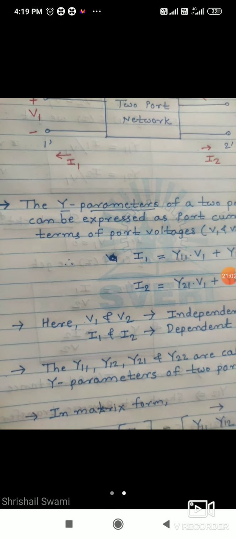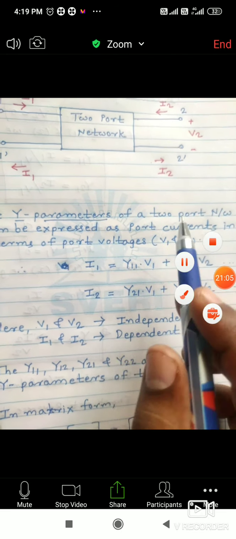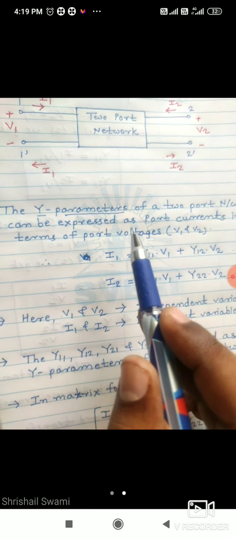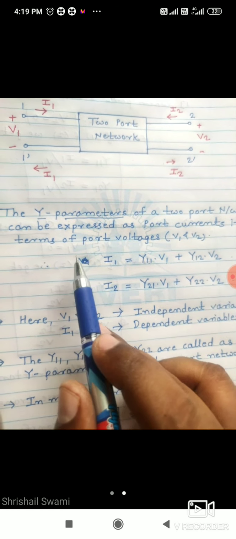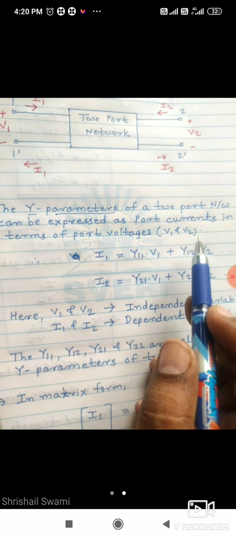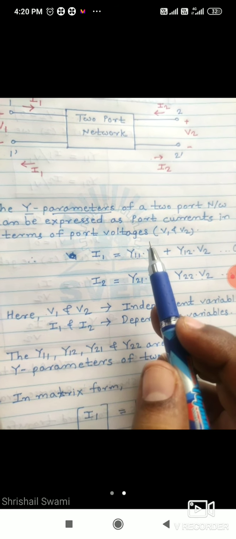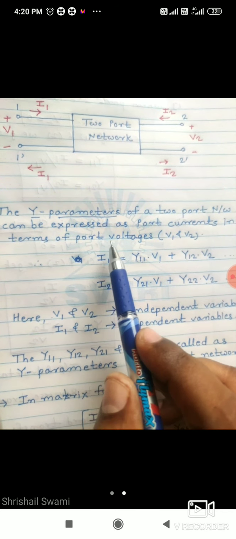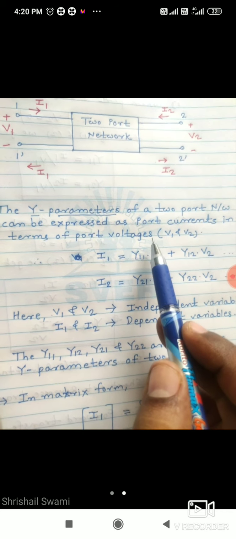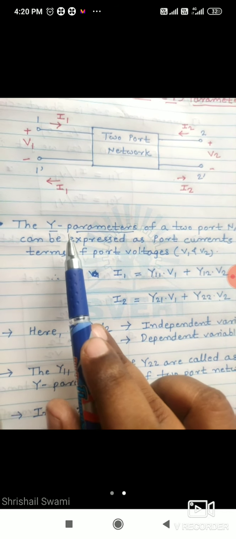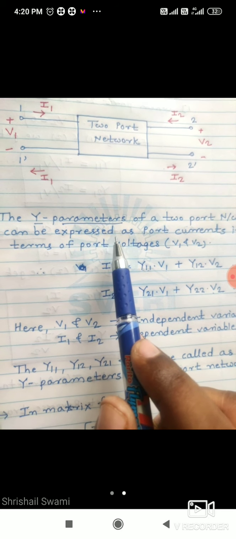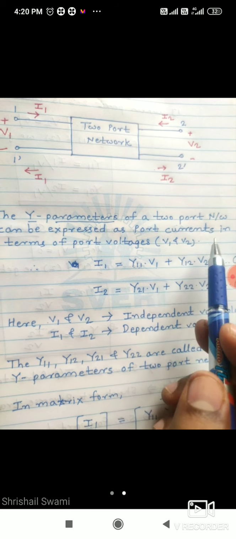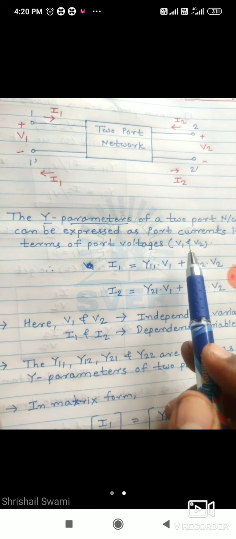The Y parameters of a two-port network can be expressed as port currents in terms of port voltages V1 and V2. Here we have to take exactly the opposite. In the Z parameters, port voltages were expressed in terms of port currents I1, I2. Now to find the Y parameters, we express port currents I1 and I2 in terms of port voltages V1 and V2.